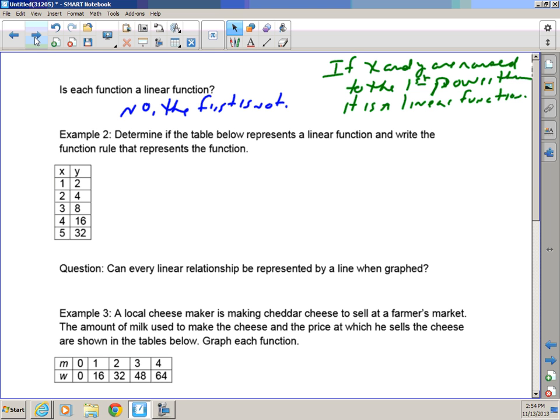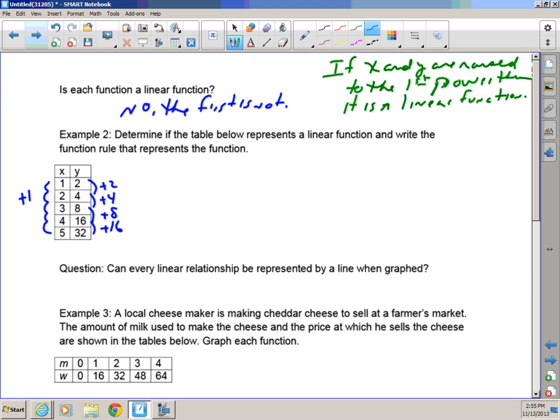Now, so far, the easy way is to figure out if the graph is linear. A second way to figure out is, does x or y have an exponent other than 1 when you write the equation? The third way is to look at a table of values. Now, if you look at this table of values, the x's are going up by 1, but the y's are not increasing by a constant amount.